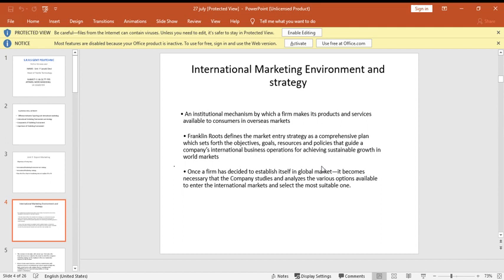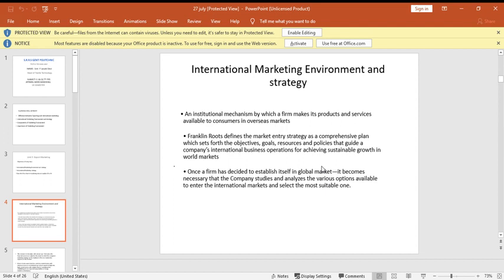It is an international mechanism by which a firm makes its products and services available to consumers in overseas markets. The market entry strategy is a comprehensive plan which sets out the objectives, goals, resources, and policies that guide a company's international business operations for achieving sustainable growth in world markets.